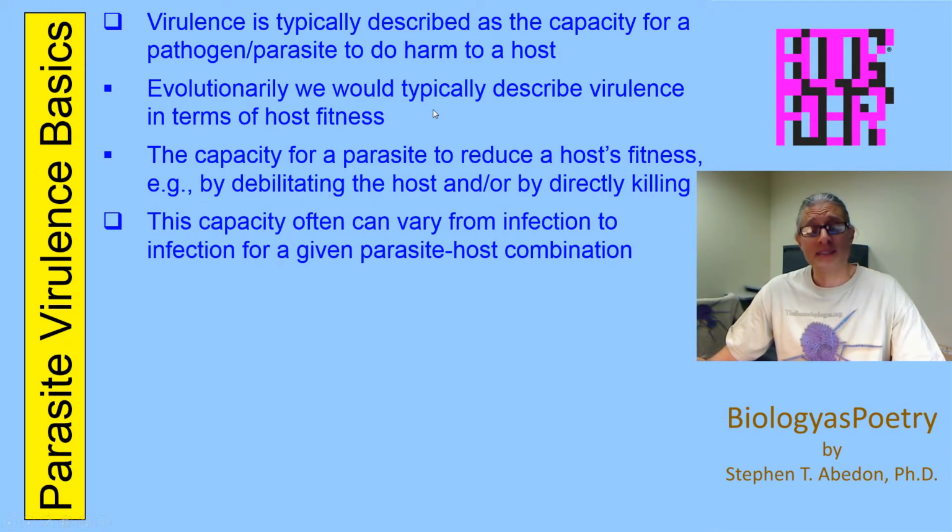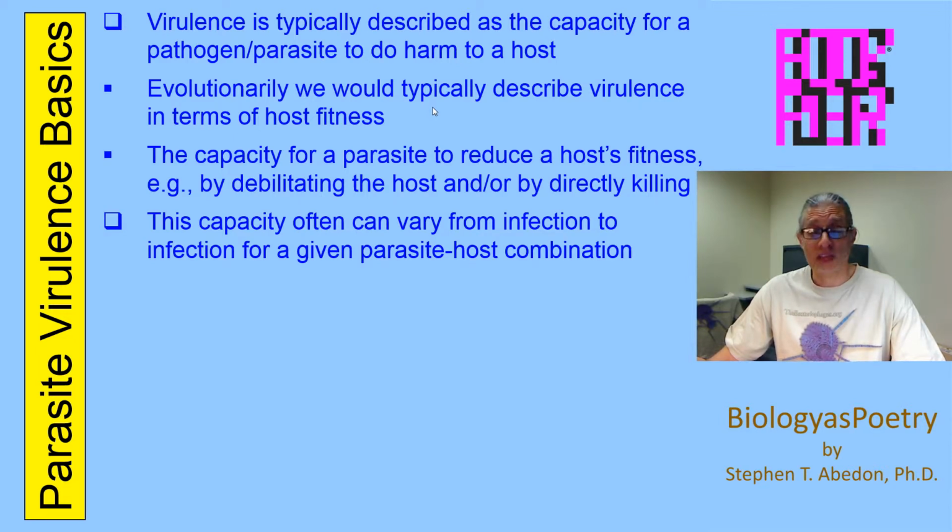This capacity often can vary from infection to infection or infestation to infestation. This is dependent upon the parasite, it's dependent upon the host, but there's also variation within parasite populations that is genetically based that impacts the degree to which the parasite causes or is able to cause disease in a host organism.